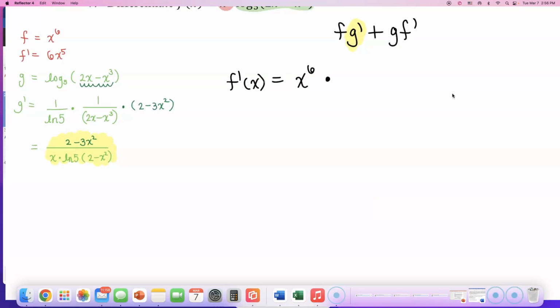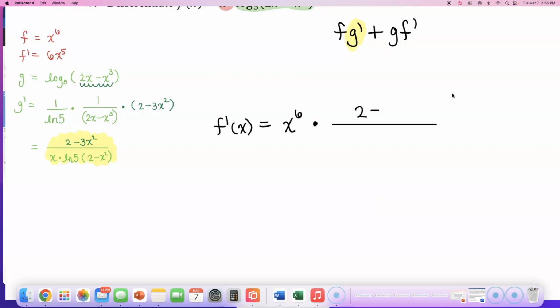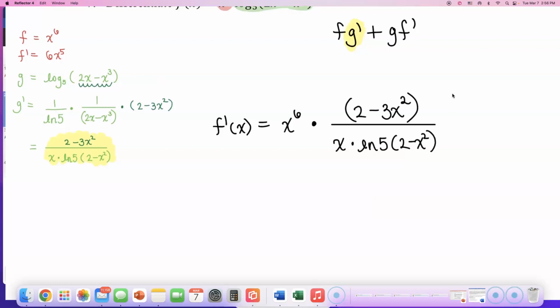It's going to be a fraction, where we have 2 minus 3x squared on the numerator, and I'll put x times natural log of 5 times 2 minus x squared in the denominator. So I'm done with the first piece of the addition.